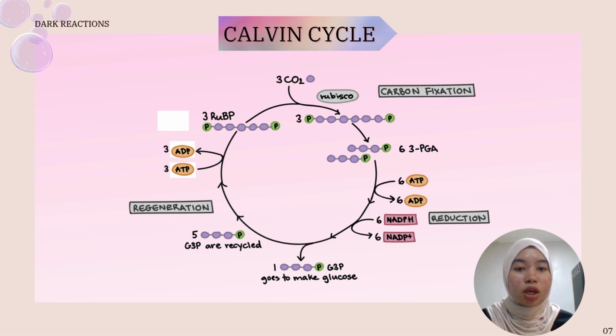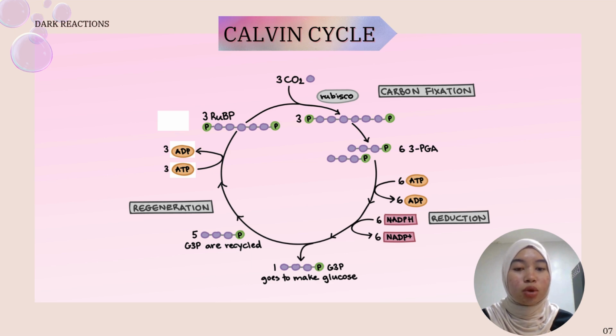The 3-PGA molecules are going to be changed to something called G3P. This reaction takes place by an enzyme using ATP and NADPH. One of the G3P is going to go on to make glucose. The other G3P are going to be recycled to make RuBP again.